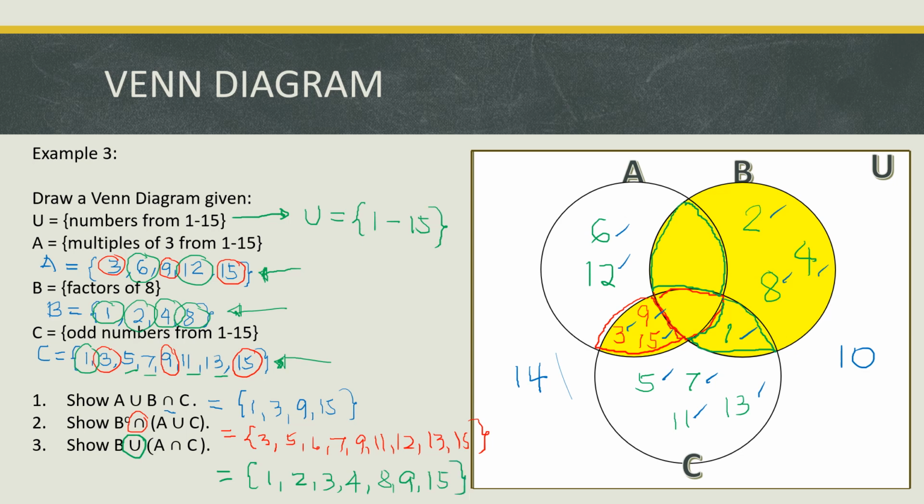So these are the elements in B union with the intersection of A and C. And those are for the Venn diagram: how to construct or how to draw a Venn diagram.